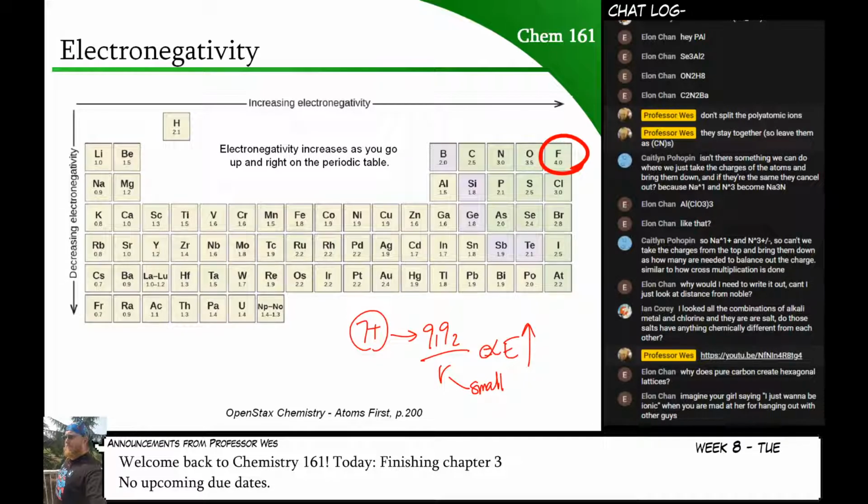Likewise, on the opposite side of the periodic table, we have elements that have very low electronegativity. And this is because they are very large atoms with very low Z effective. So electronegativity increases as you go up the periodic table and over to the right.